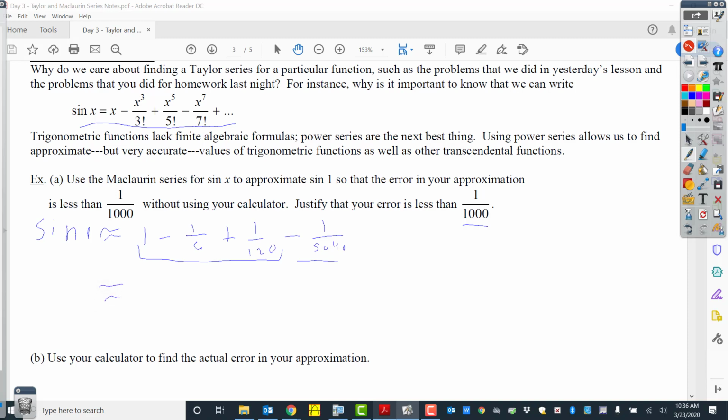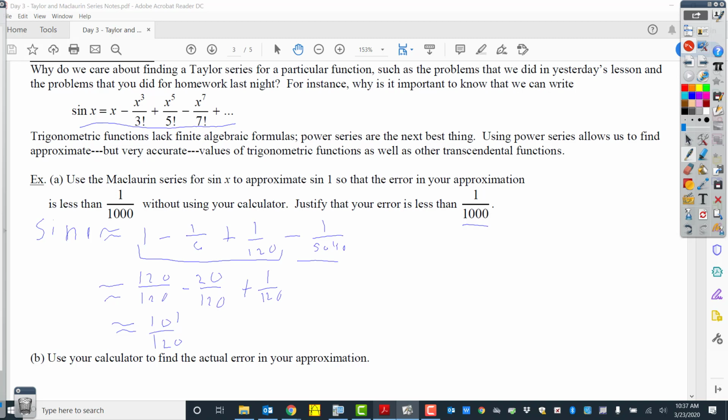It is approximately, I'm using 120, so we'll do 120 over 120 minus 6 times 20 gives us 120, so 20 over 120 plus 1 over 120. And this is equal to 101 over 120. So we're saying that sine of 1 is approximately 101 over 120. Okay?